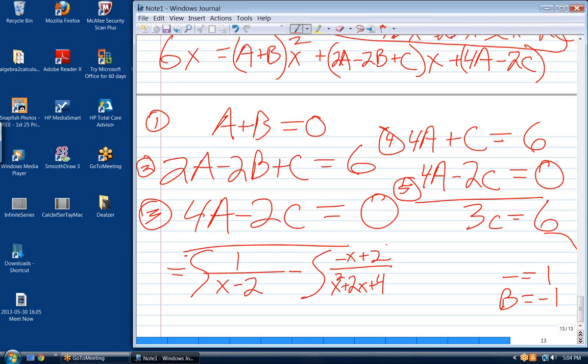So there's my second integral. No, I don't need to split that up. Oh, yes I do. Hold on a second. Let's see, the derivative of the bottom is 2x plus 2.